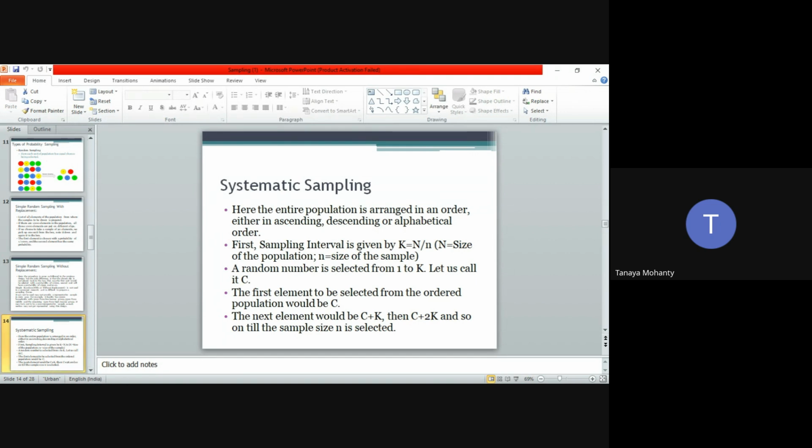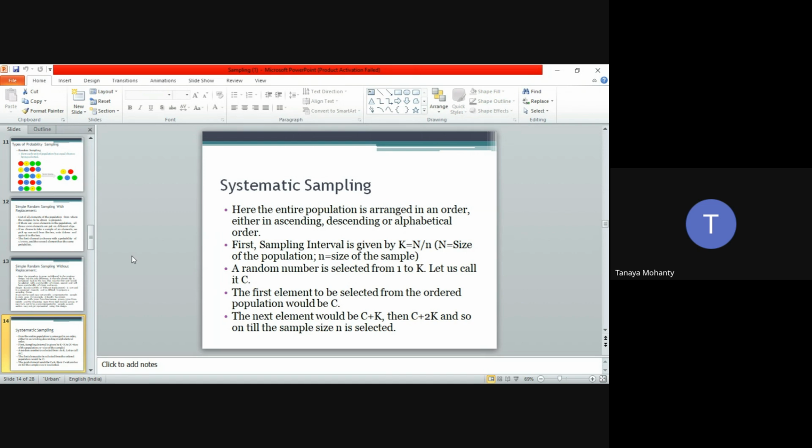It is very important. I cannot do without a sampling frame. Suppose I'm trying to take up a study on a particular classroom. My sampling frame would be my attendance register.